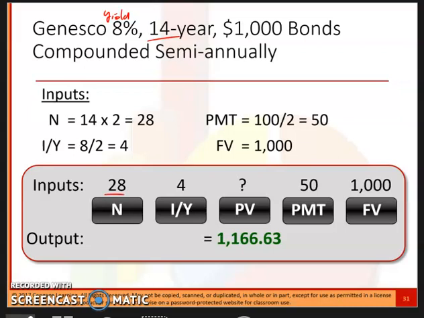Our IY is our yield divided by 2, so 8 divided by 2 is 4. We divide the coupon payment by 2, because it's paid twice a year, so that's 50, and our face value doesn't change. And then we compute PV, and that gives us the price of the bond. The yield is less than the coupon, so this is a premium bond.